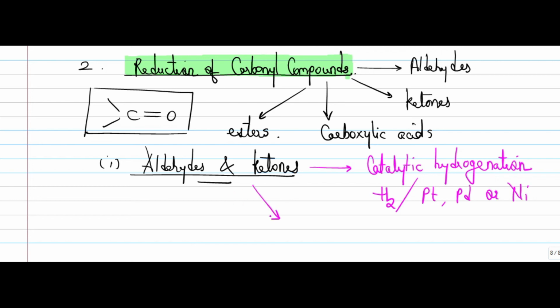Another way of getting alcohols out of aldehydes and ketones is by performing reduction using nascent hydrogen. And nascent hydrogen can be obtained from, one of the ways of getting it is sodium plus ethanol.